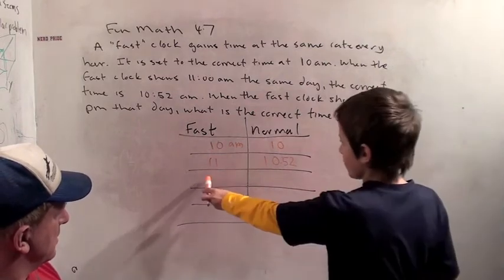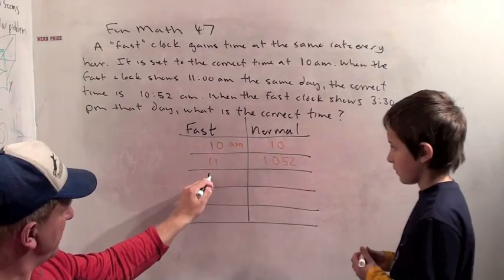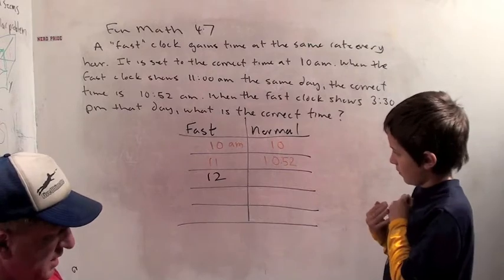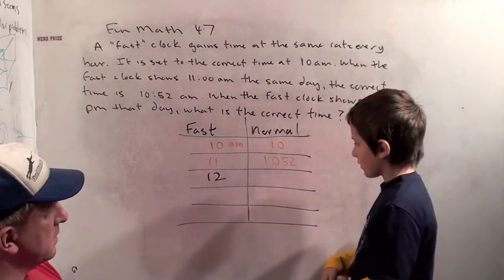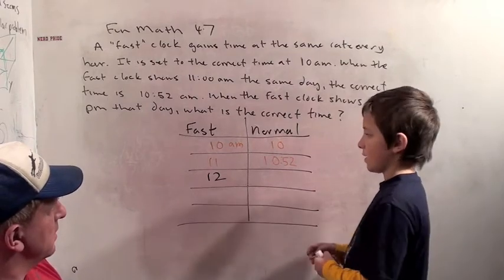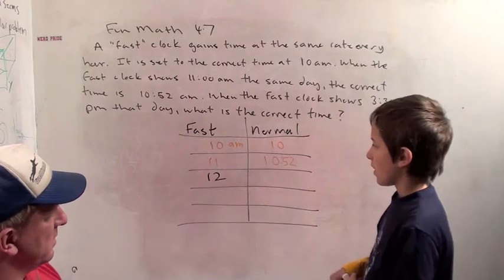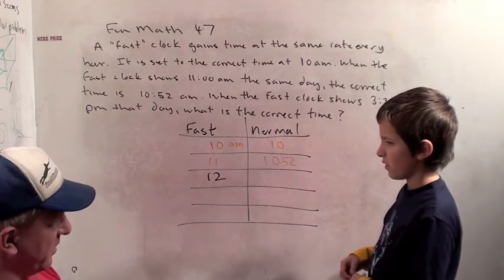Then when it shows 12, here I'll write that because there's a little bit of a shadow when you write over here. What's the actual time when the fast clock shows 12? It's 12 o'clock minus 16 minutes. So what's 16 minutes before 12? That's 11:44.